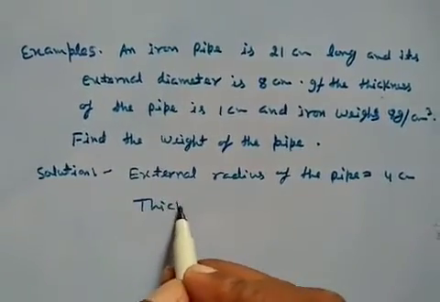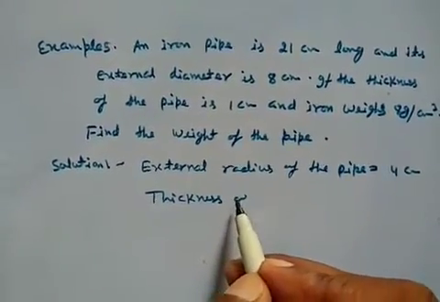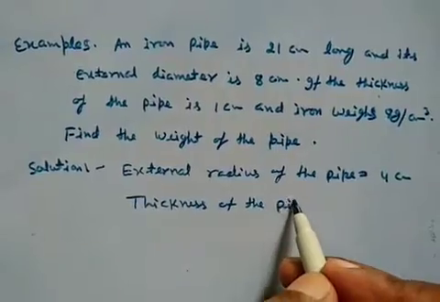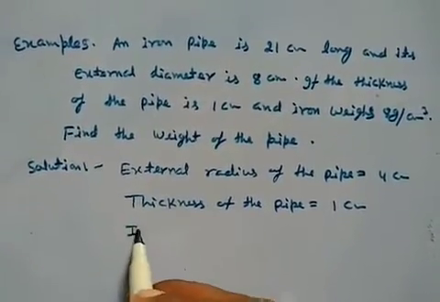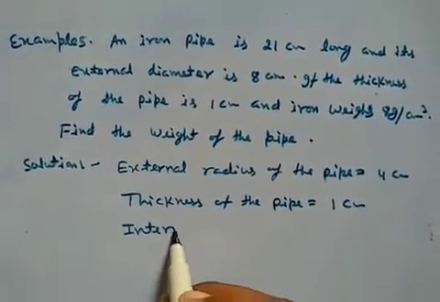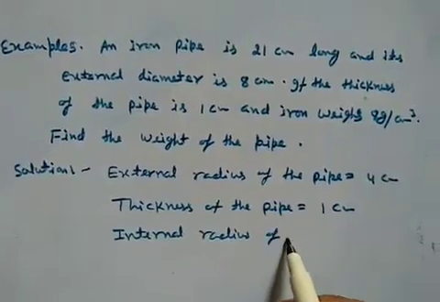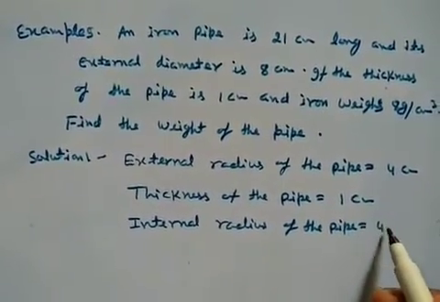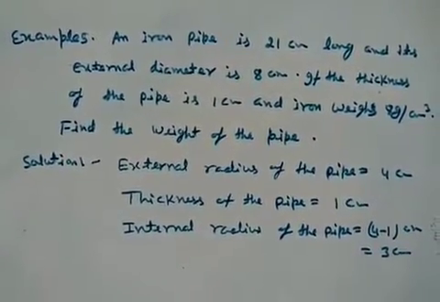Thickness of the pipe equal to 1 centimeter. Internal radius of the pipe equal to 4 minus 1 centimeter equal to 3 centimeter.